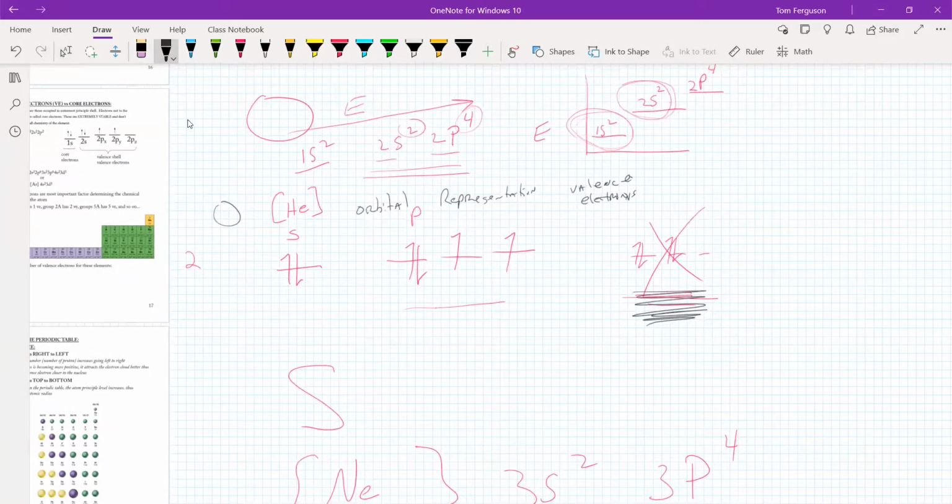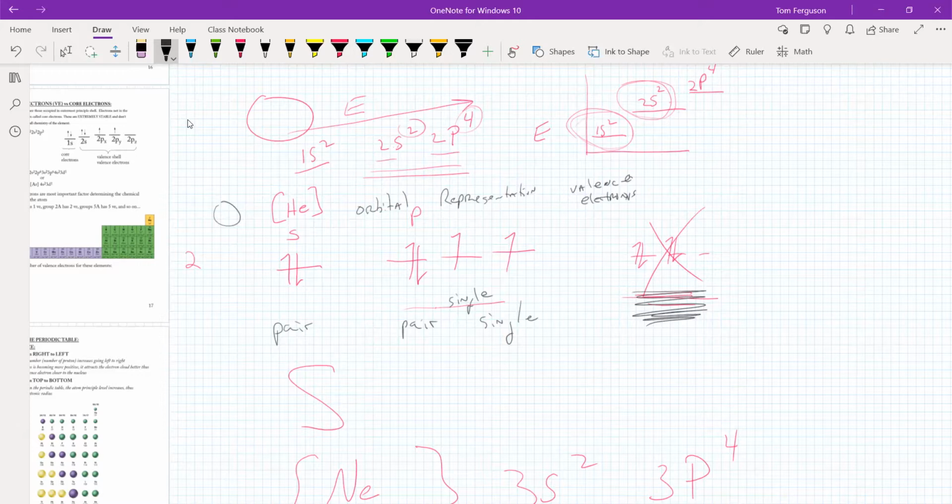Oxygen has 2 pairs, 2 singles. Again, that's what makes the chemistry of sulfur and oxygen so incredibly similar, because they have the same number of paired electrons, the same number of singleton electrons.